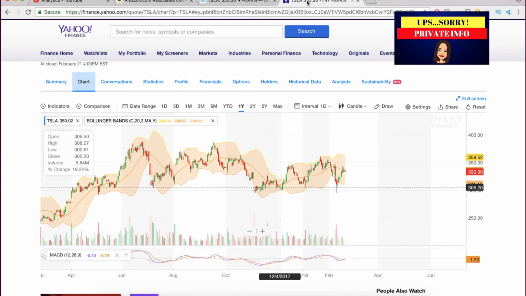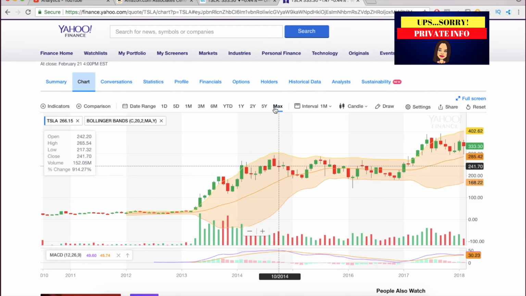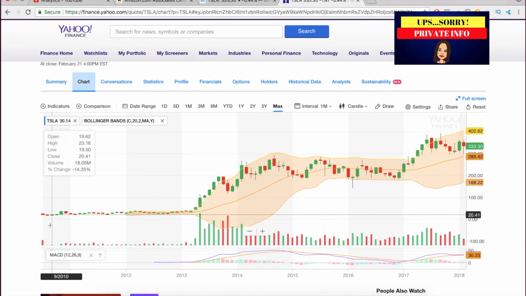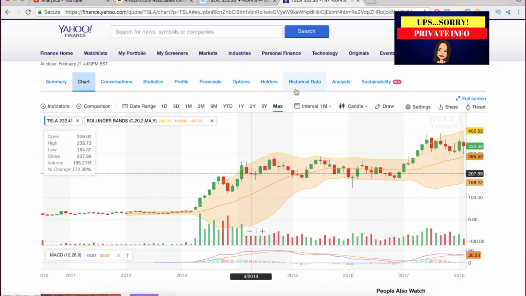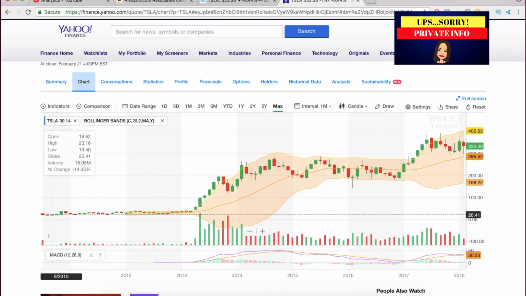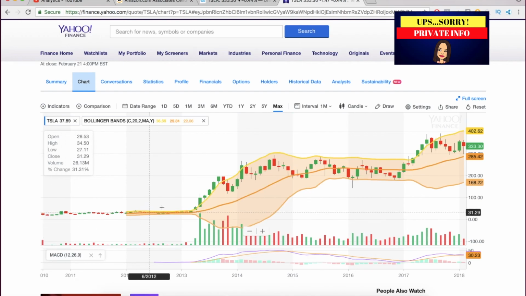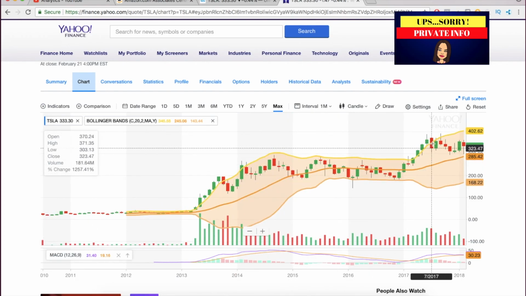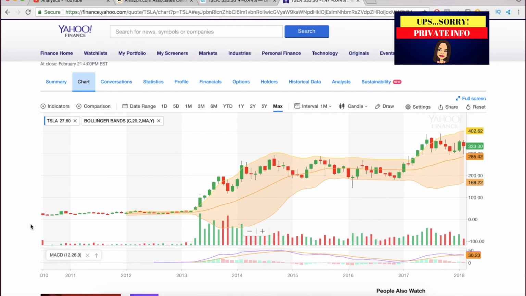But if you want to see a longer forecast or a longer period of time over the life of the stock, because you want to understand the overall performance since inception or since the stock first went public, you go ahead and click on max, and you can see that the stock went public for the first time in 2010, and it's been going upwards since it first came out.